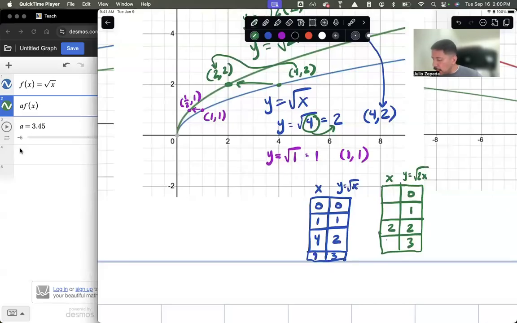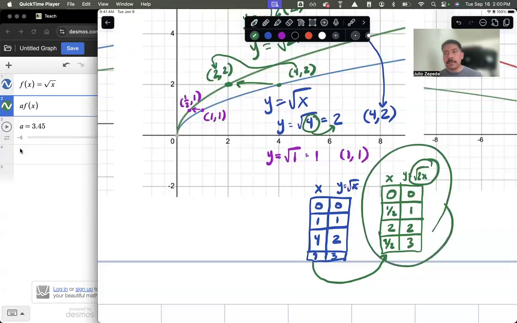Half of 9 is 9/2. Half of 1 is 1/2. So I'm just taking this set of x values and dividing them all by 2, because I know that this transformation is a compression by a factor of 2, which cuts all of the x values by 1/2. So I just divide the original parent function x values all by 2, and this set of points will produce my new transformed graph.